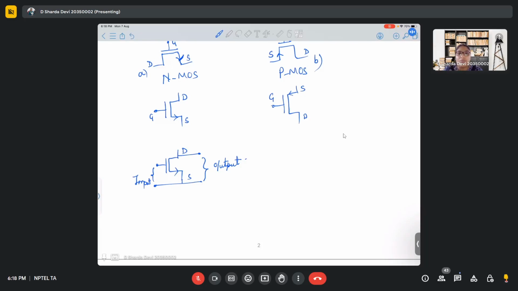Three? Okay. So what are the three characteristics? Common source, common drain, and common gate. No, see, common source, common drain, common gate are configurations. Characteristics are different. Characteristics means graphs that you get, like input, output, transfer characteristics.